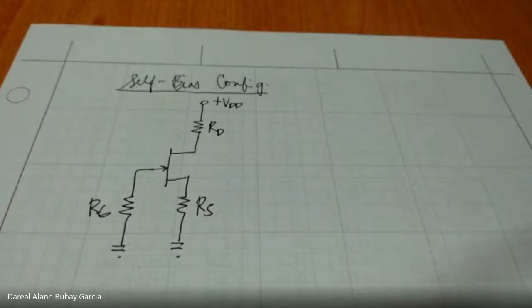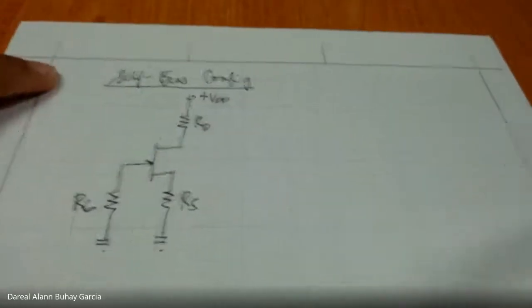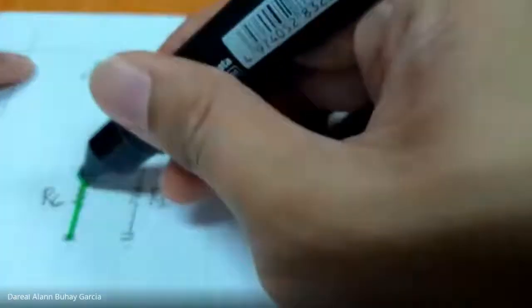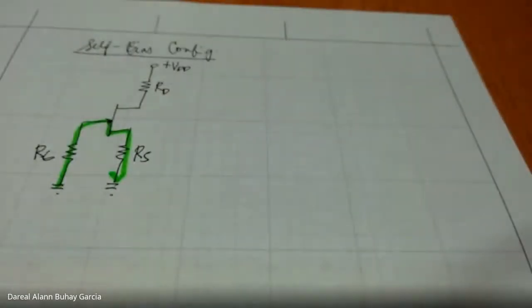So we again have two KVL loops, one here and another here.